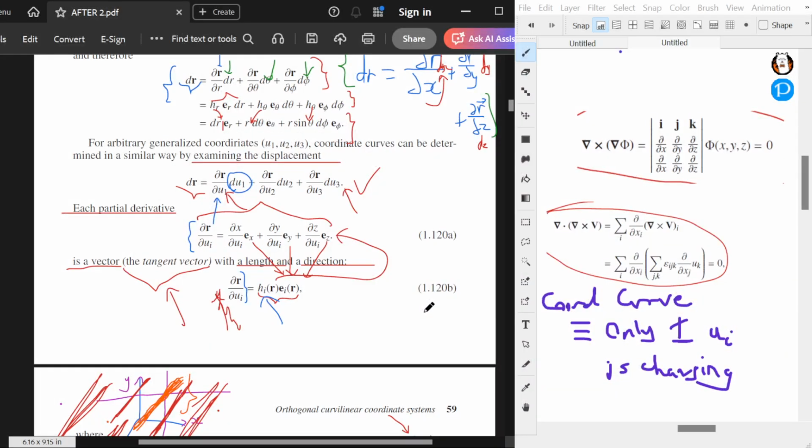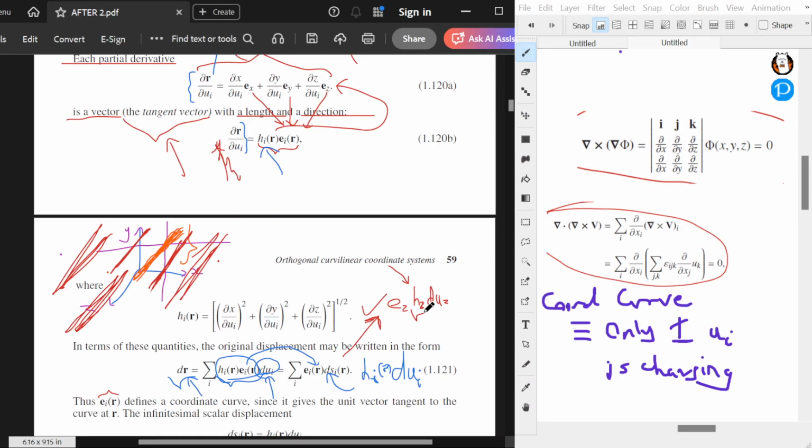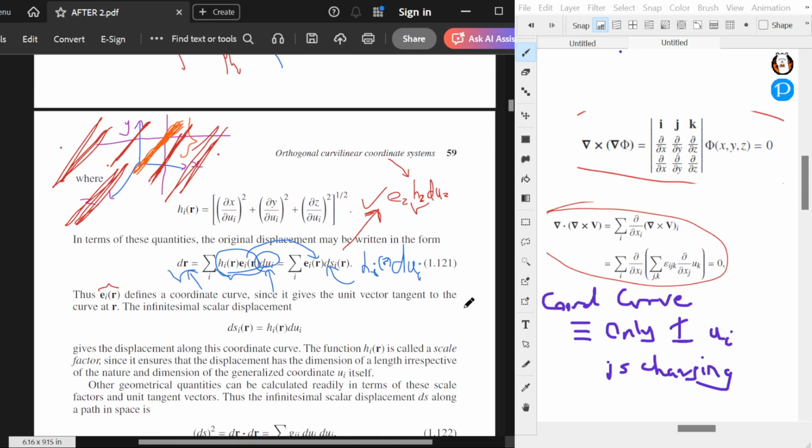Okay, it will all be made clear at some point. Thus, this defines a coordinate curve. I could accept that for now, since it gives the unit vector tangent to the curve at r. All I need to do is just finish the sentence, and I will be in a better place when I stop midway. That's both a good thing and a bad thing.